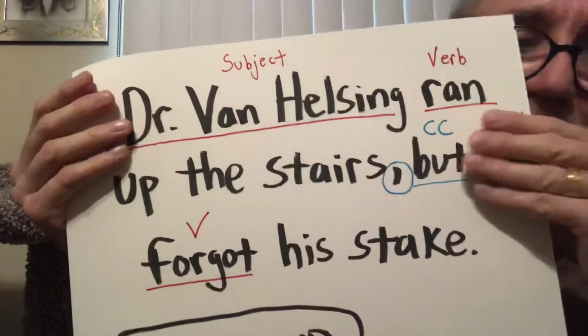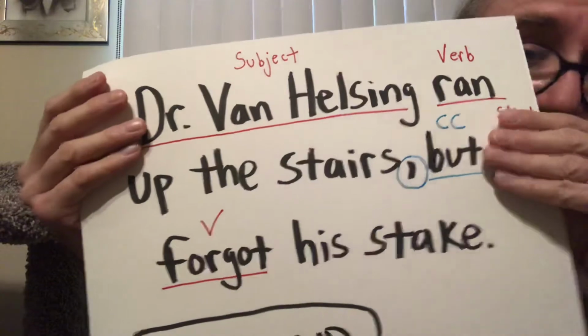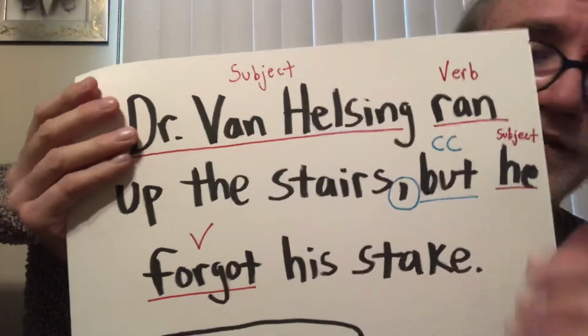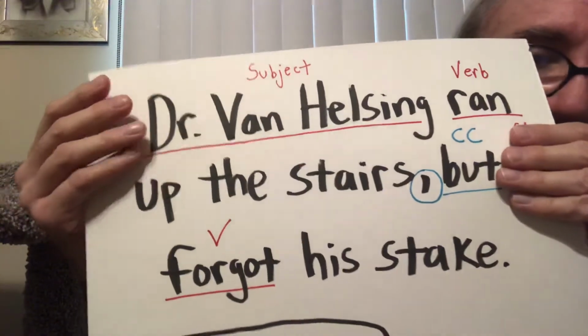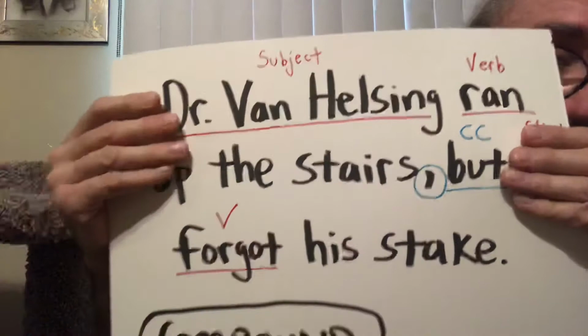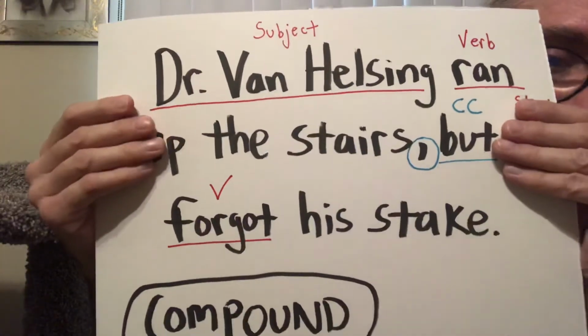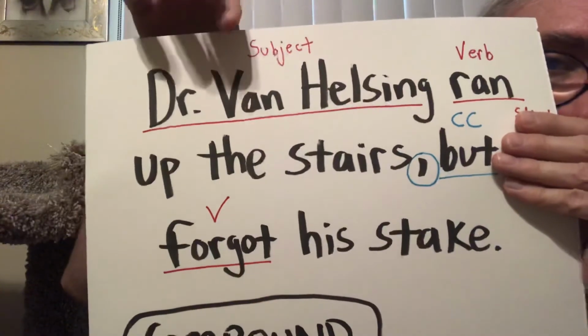Okay, but if, for example, like I said, this is now not a clause, because remember, a clause has a subject and a verb. If I take the pronoun out here, he, then this second part doesn't have a subject, so it's not a clause. It's actually just a phrase. And it makes sense though, because it's still attached to this one.